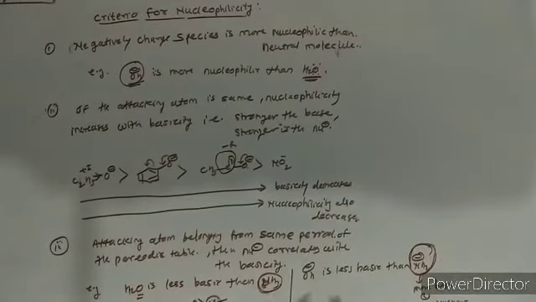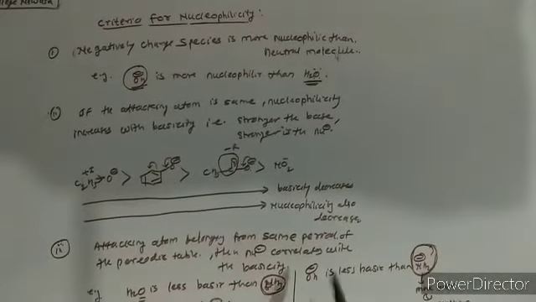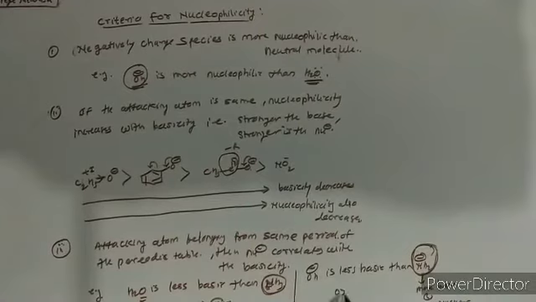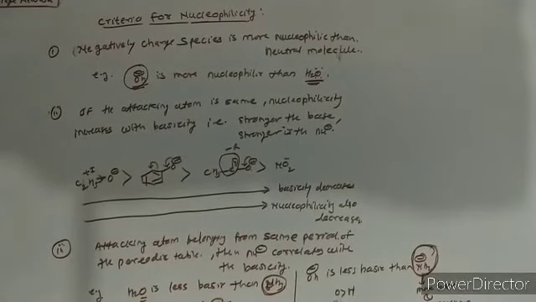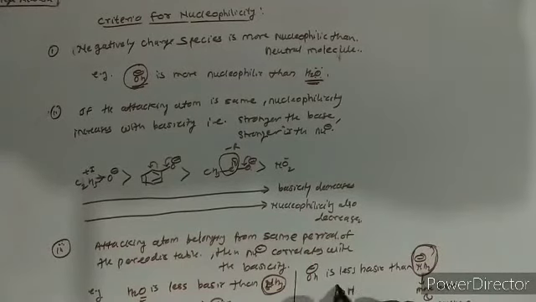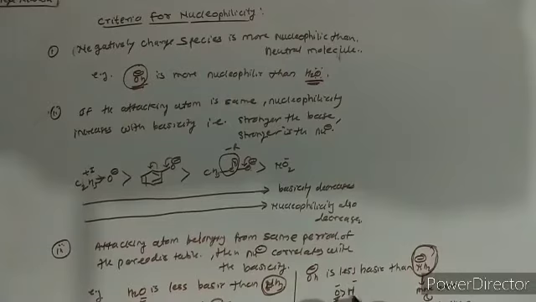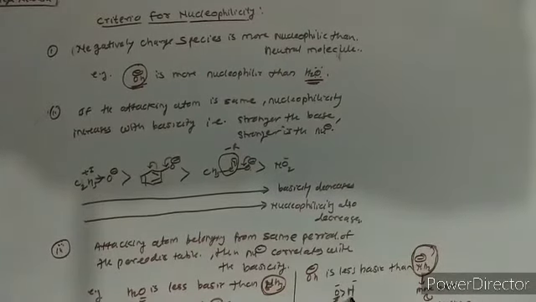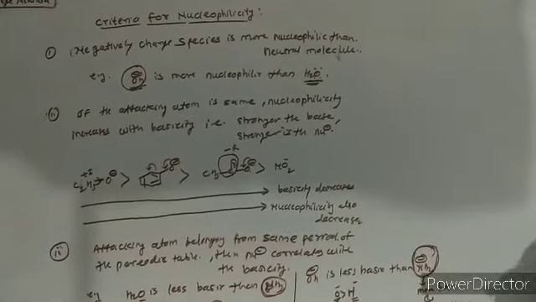Here we can also see that oxygen is more electronegative and holds electrons very tightly, so it is more stable, while nitrogen is unstable and tries to donate its lone pair of electrons to another atom easily, making it more basic and more nucleophilic.